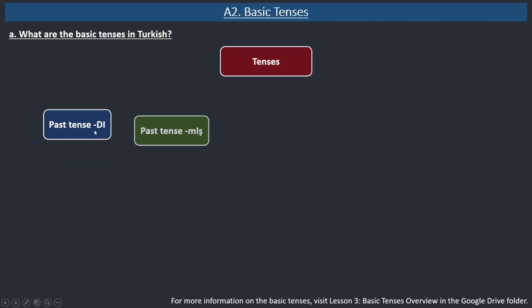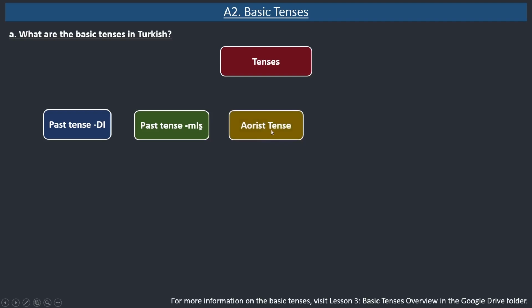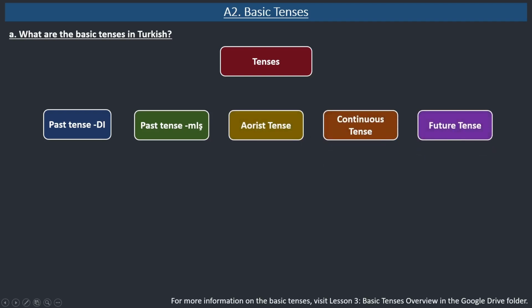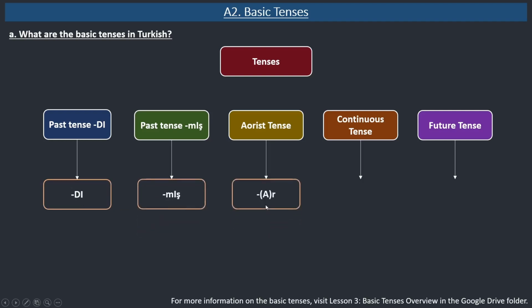Oh, here. So past tense with dı, past tense with mış, aorist tense, continuous tense, and future tense. These are the basic tenses in Turkish. These have some suffixes like dı, mış, ar, ıyor, and acak.